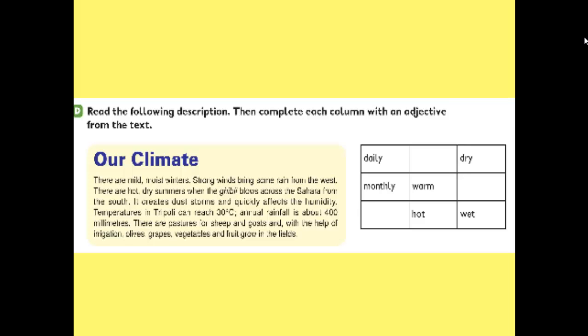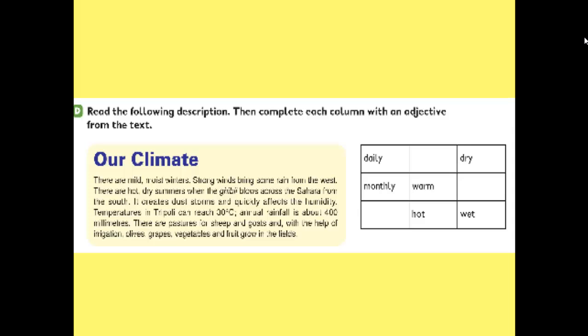Temperatures in Tripoli can reach 30 degrees Celsius. Annual rainfall is about 400 millimeters. There are pastures for sheep and goats, and with the help of irrigation, olives, grapes, vegetables, and fruit grow in the fields.